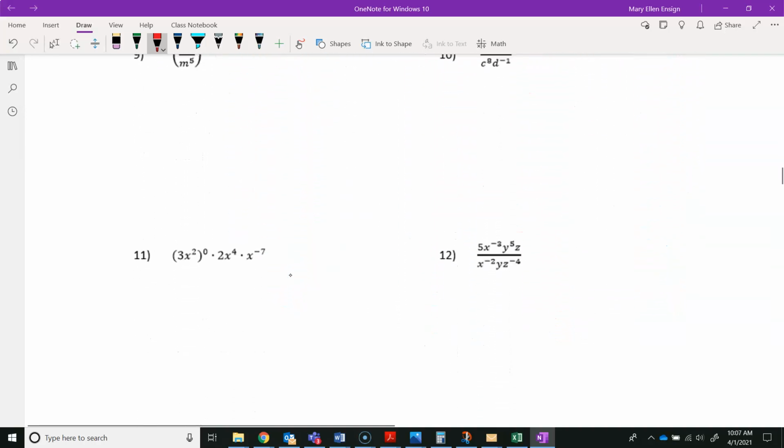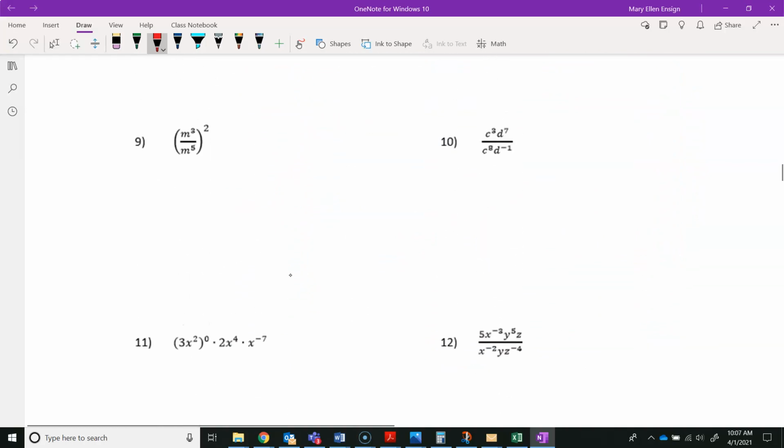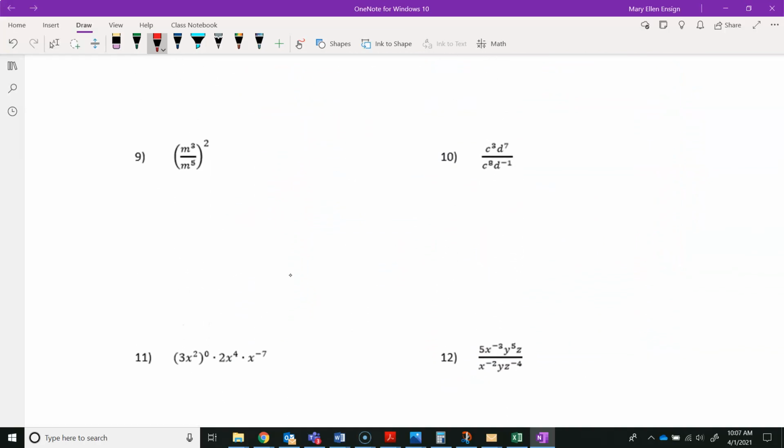Okay, so we have a few more here. Let's see, we did 13 in both classes, but we can go through that also a little bit. But let's really concentrate on 9 through 12 here. So in this case, we have a quotient, we have a fraction being raised to the second power. So this is an extension of the power rule.